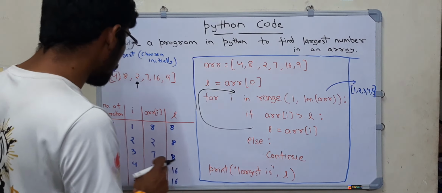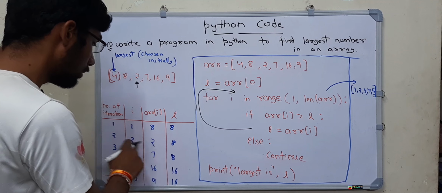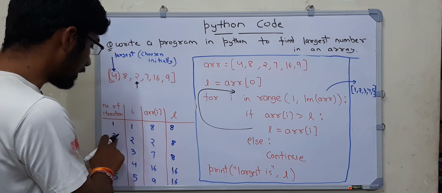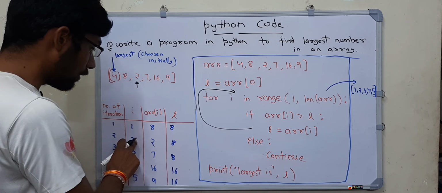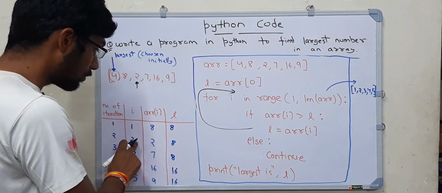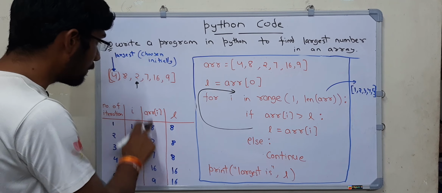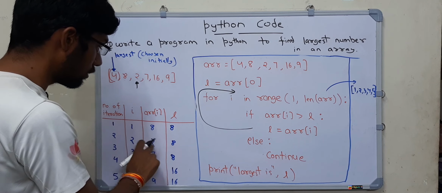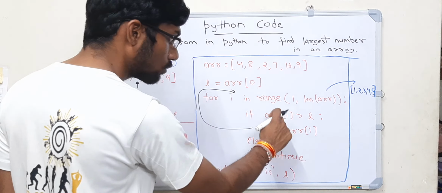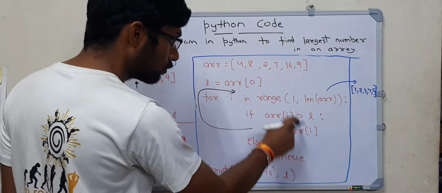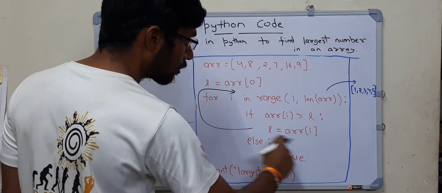So 2 is greater than 8? This is the value of i in the second iteration, which is 2. Since this element 2 is less than 8, this block will not run.